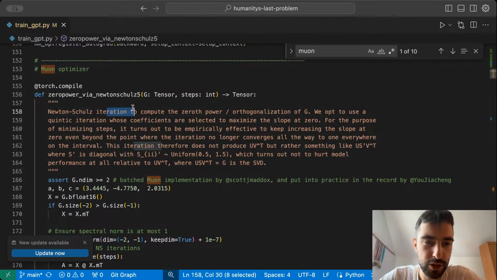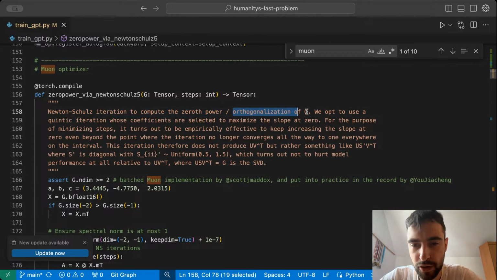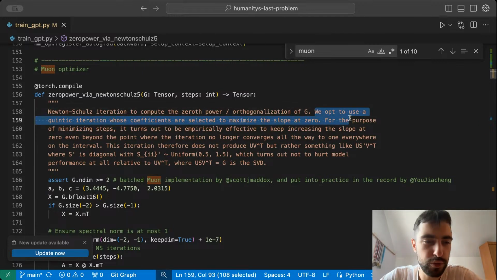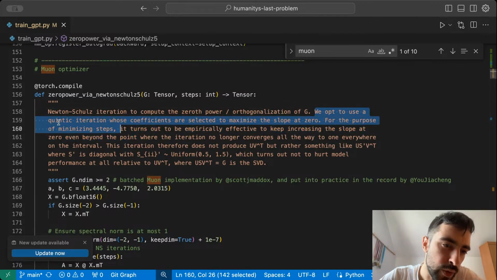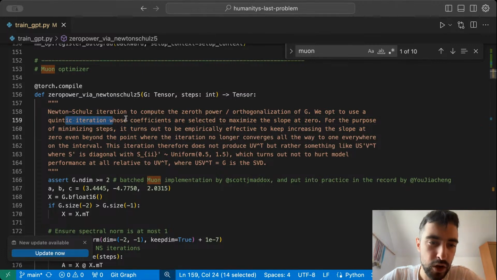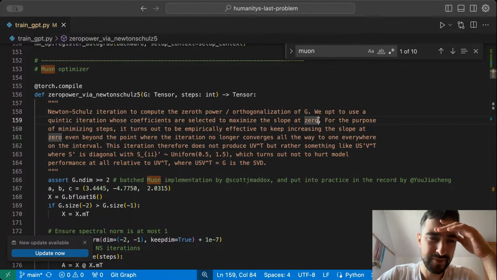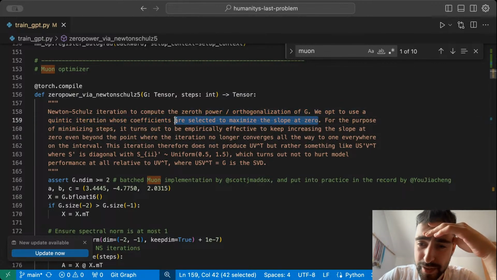Newton-Schulz iteration to compute the zeroth power, orthogonalization of G. What is G? We opt to use a quintic iteration whose coefficients are scaled to maximize the slope at 0. What did I read?